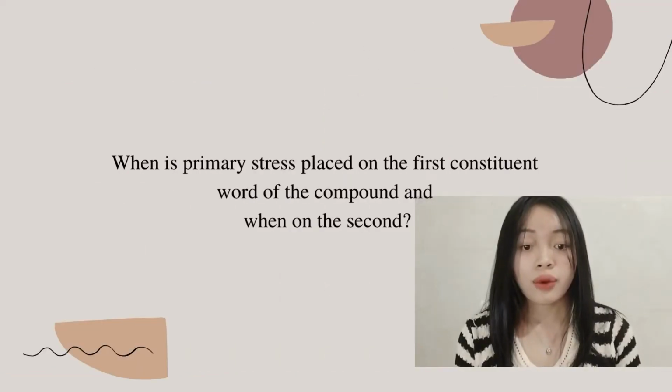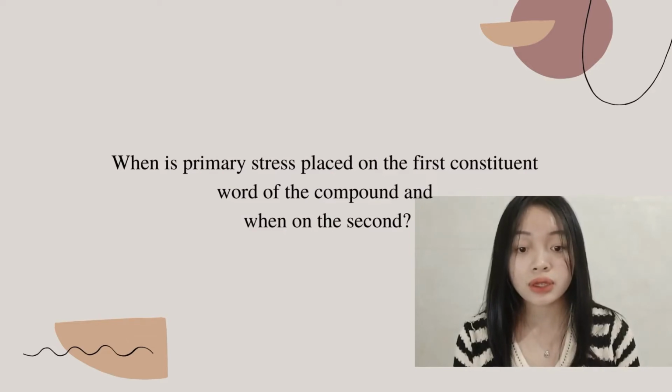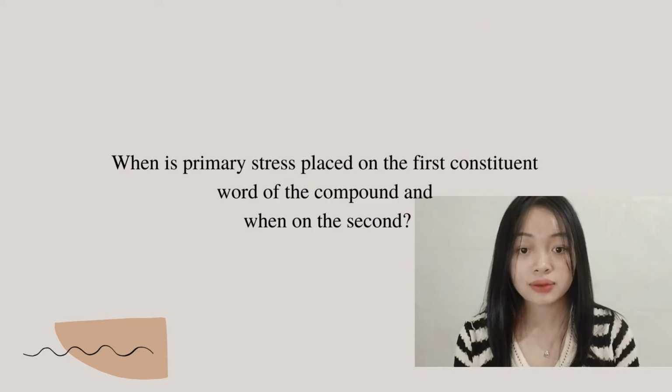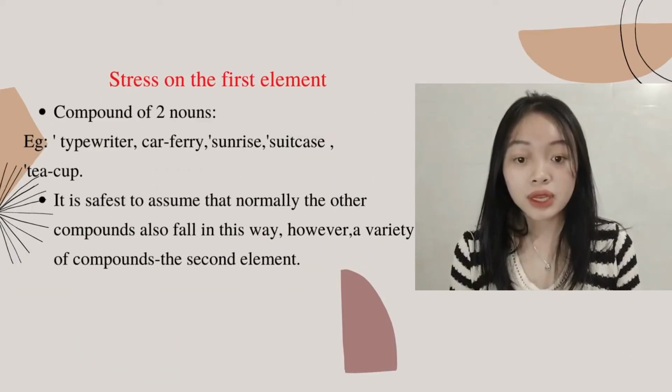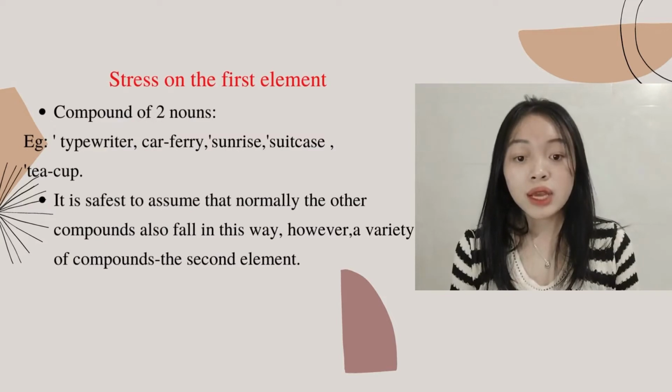Now, the primary stress is placed on the first constituent in compounds of two nouns. Examples: typewriter, sunrise, suitcase, tea glass. It is safe to assume that normally other compounds also fall this way.